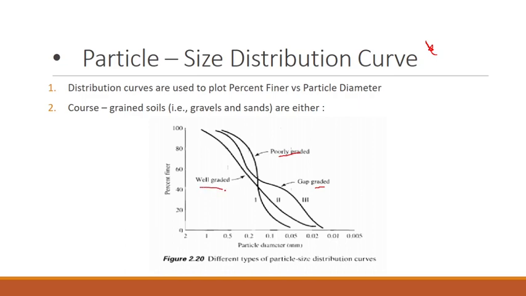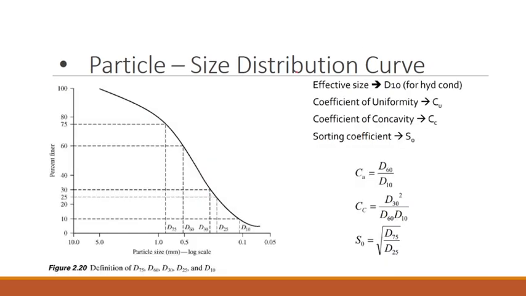If most soil grains are the same size, it represents poorly graded or well sorted. If soil grains are distributed over a large range, it represents well graded or poorly sorted. Those are only for coarse-grained soil.